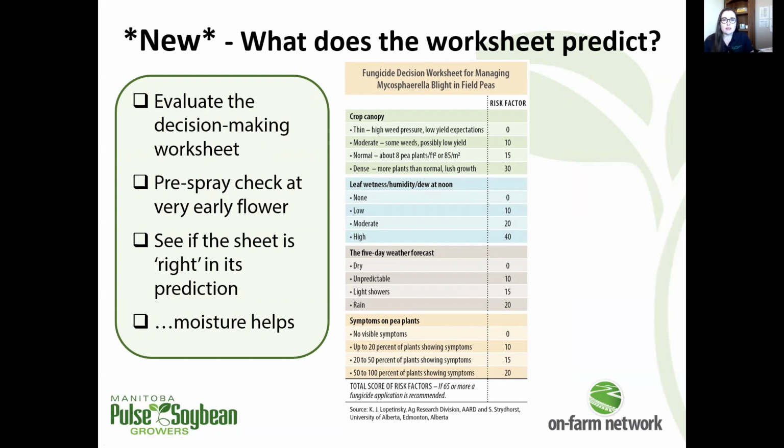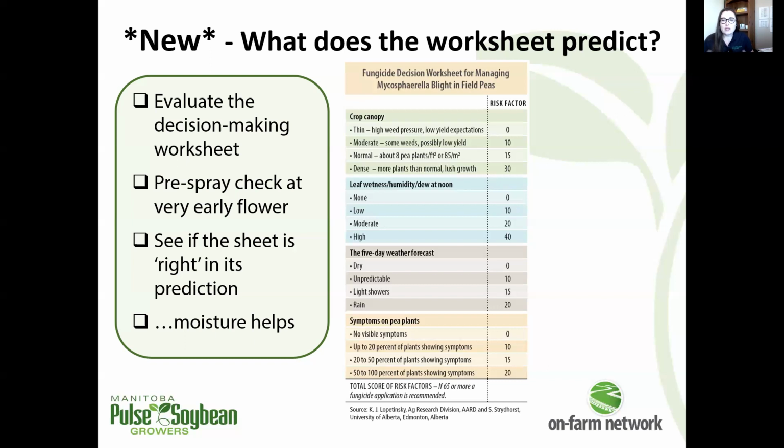Then we get our results of the disease ratings that we do post fungicide application in all of our fungicide trials, and we see our yield outcomes. We can put all of that information together to determine how well this tool is working to predict when and where a fungicide application might be necessary.